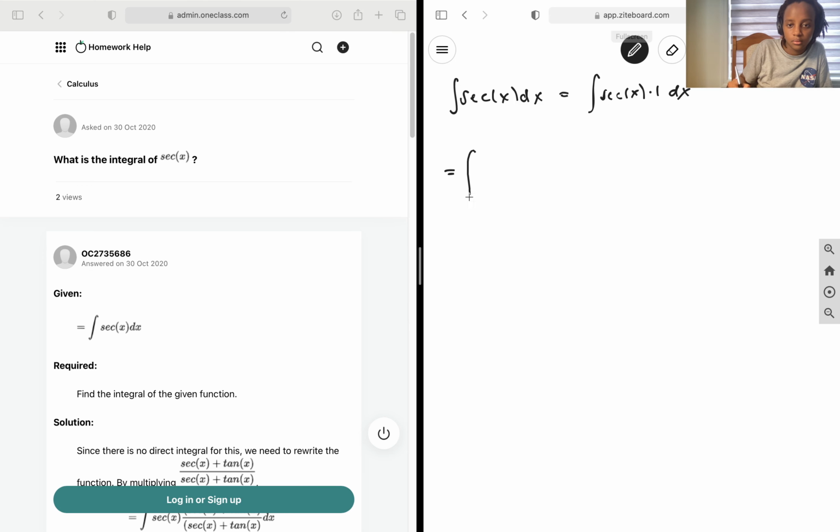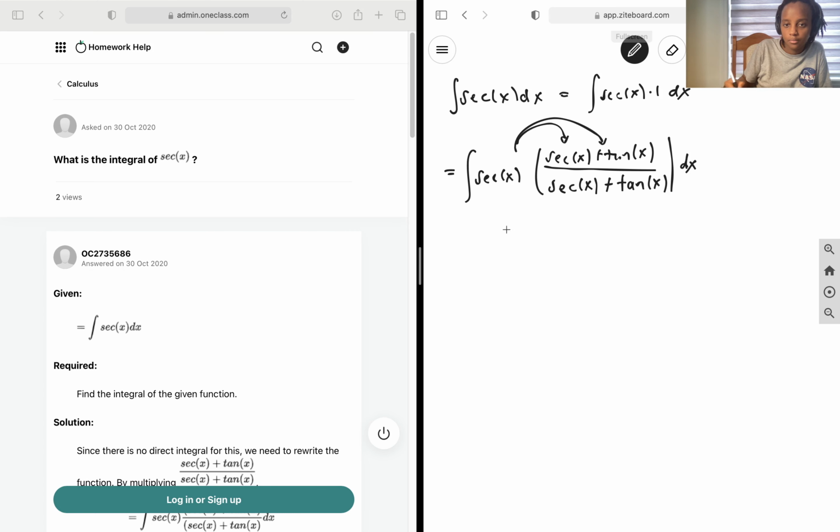And then let's simplify it by multiplying it out.